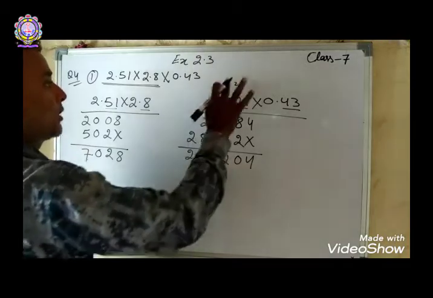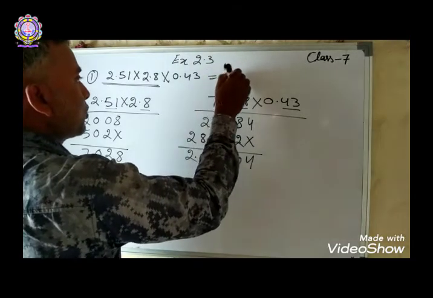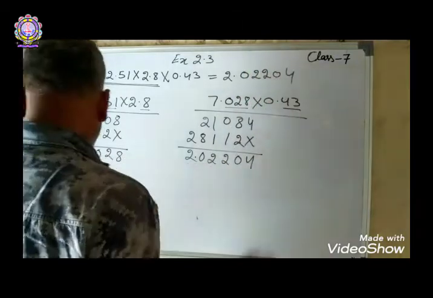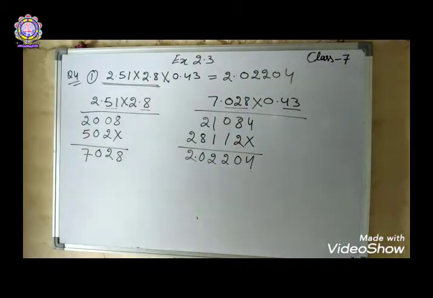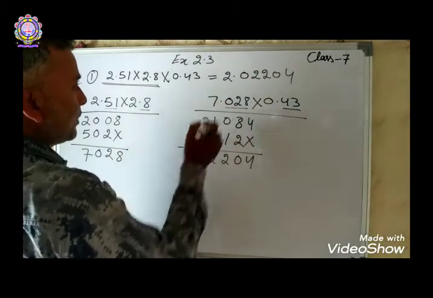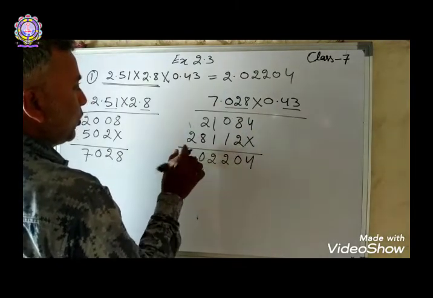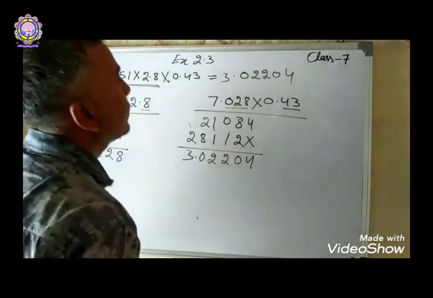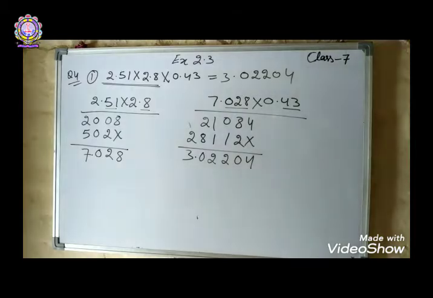So what is the answer? 2.022204. Something is wrong? Yes. 8 to 10, 1 carry. So that is 3, not 2. So the answer is 3.02204. So this is the continued product.